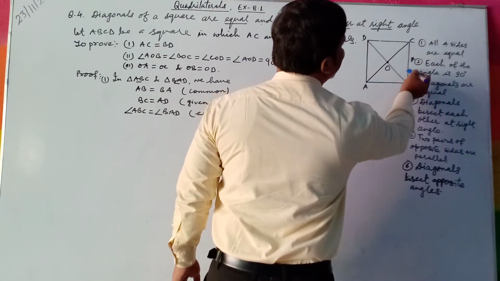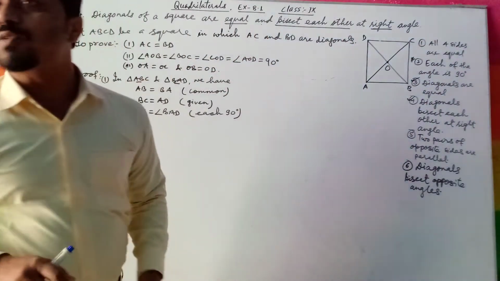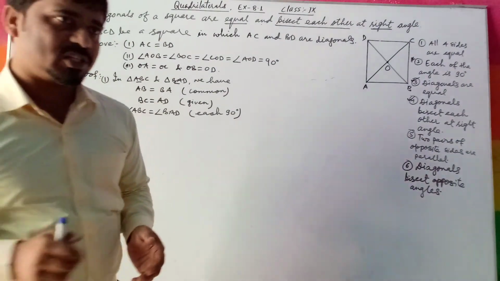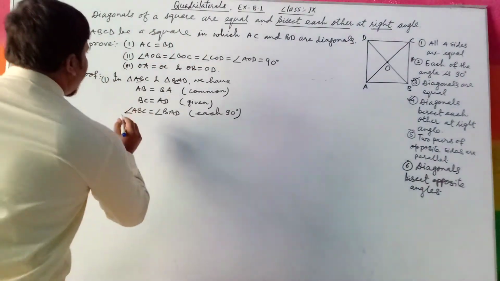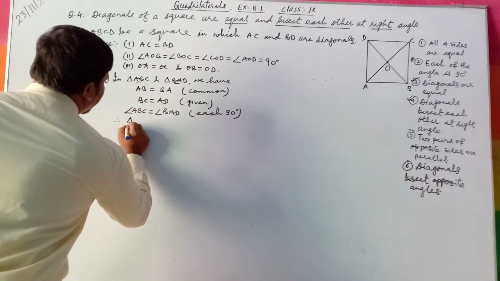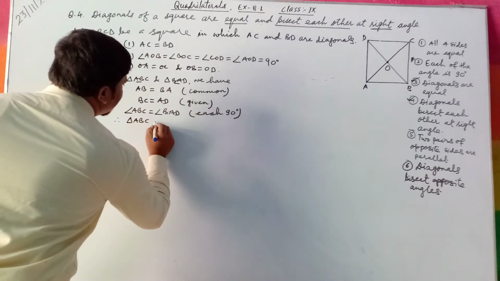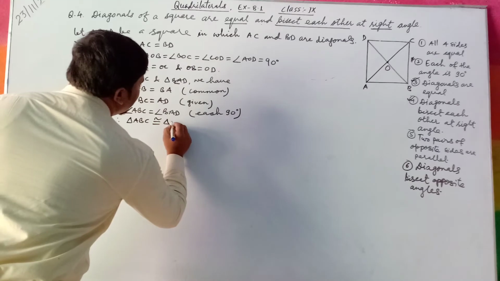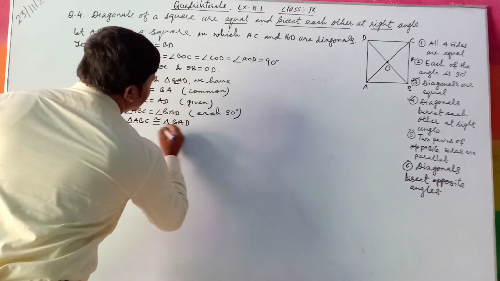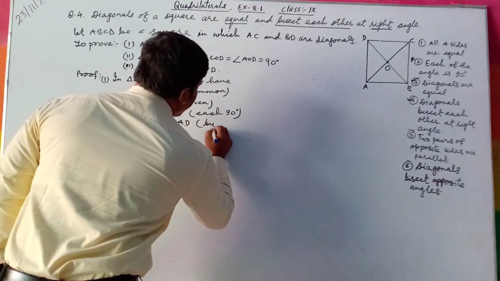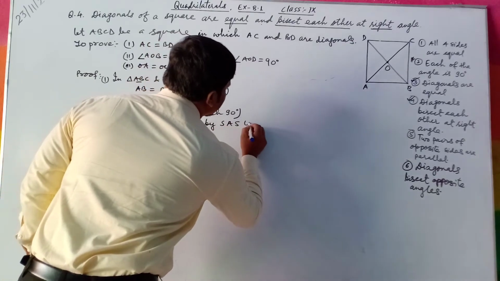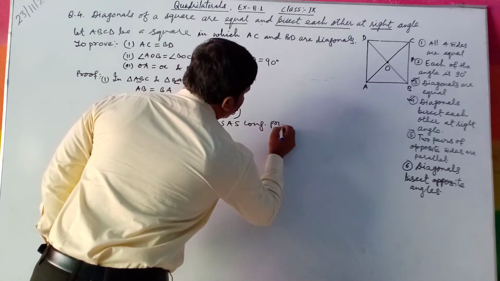Two sides and the included angle, so the property will be SAS. Therefore triangle ABC is congruent to triangle BAD by the SAS congruence property.